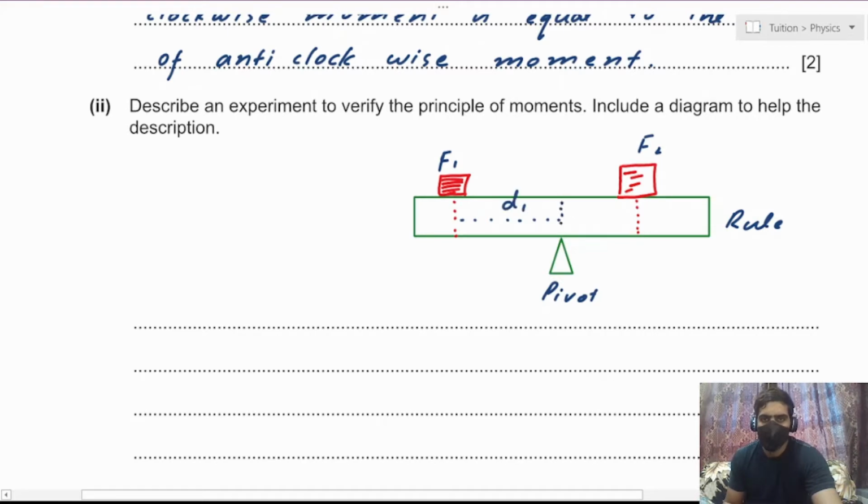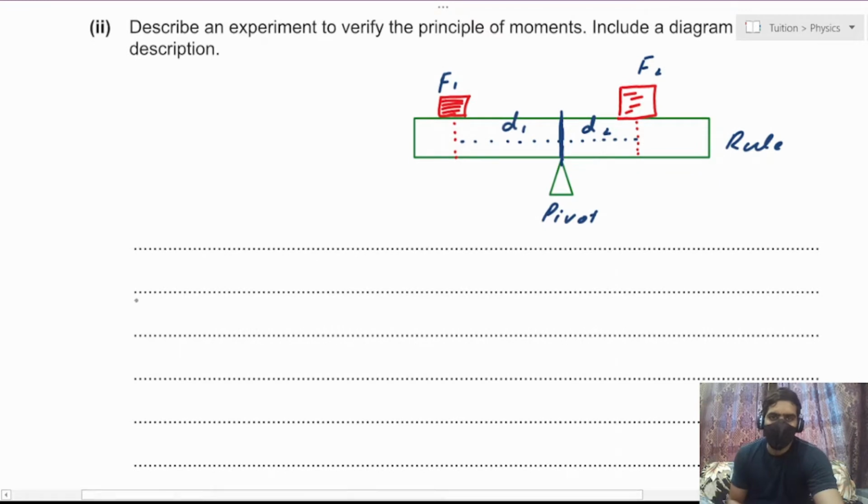Right, this was your pivot, and the distance that you take for the force 2 from the pivot, you can call it d2. All right, so now you can write down the pointers here.